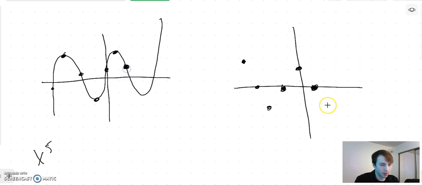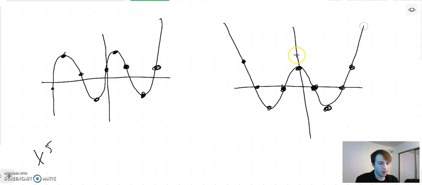Now the slope is decreasing, so we put it in negative. Now it's 0. Now it's 0. And then it's increasing for all eternity afterwards. So our slope looks kind of like this, and that's like an x to the 4th polynomial. You can try it with any kind of polynomial function you want, and it'll come out to the same kind of result.